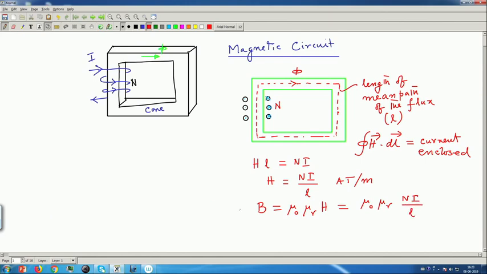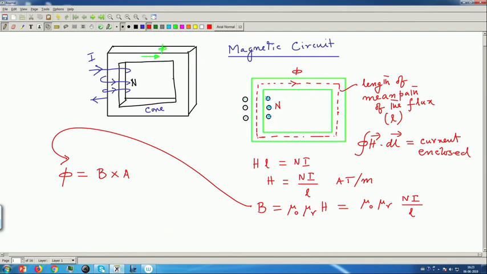Then the flux produced, which is in Weber, will be equal to B into the cross sectional area A. What is this A?